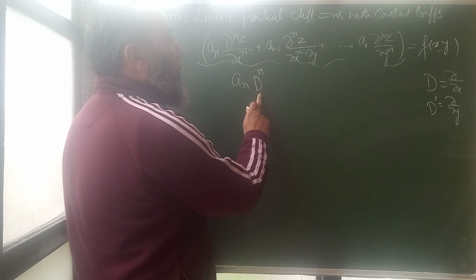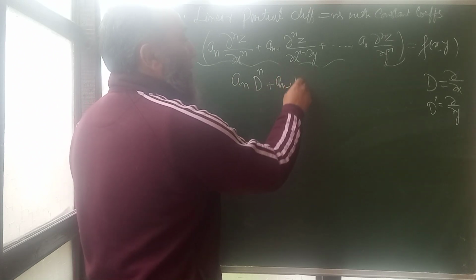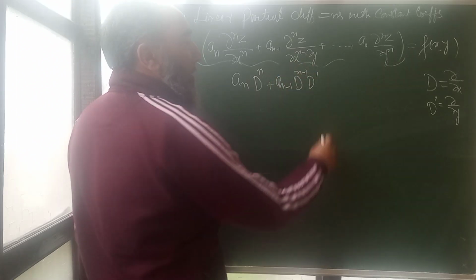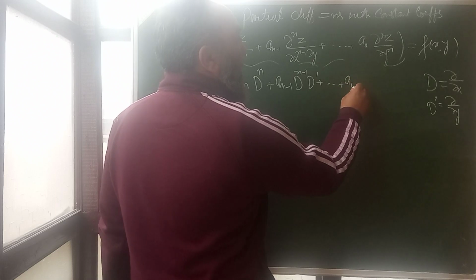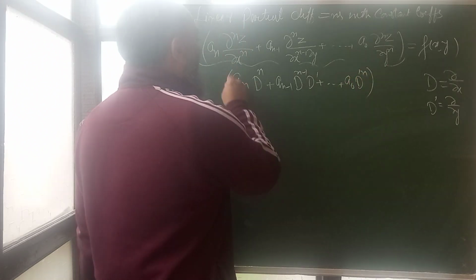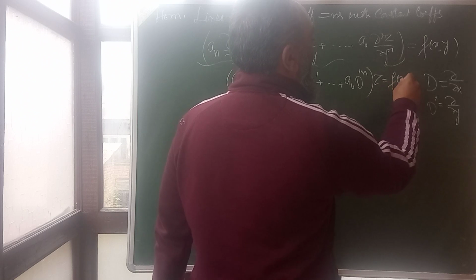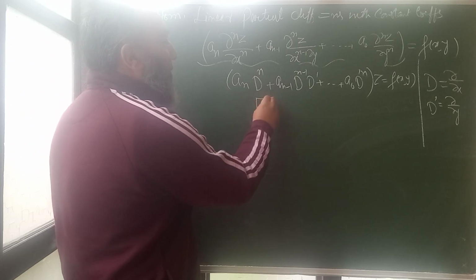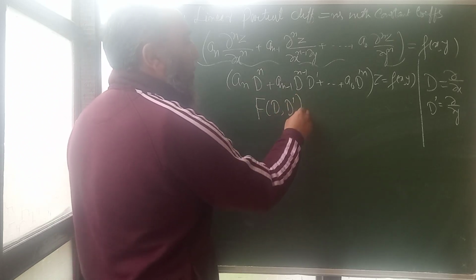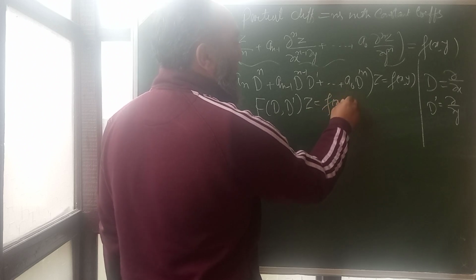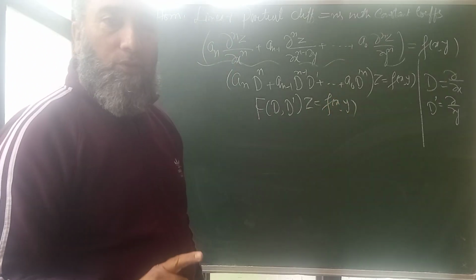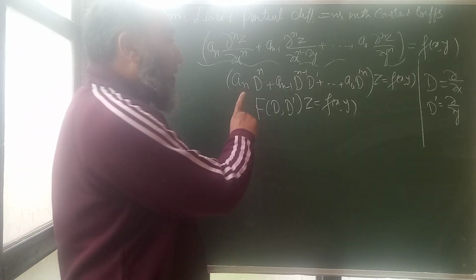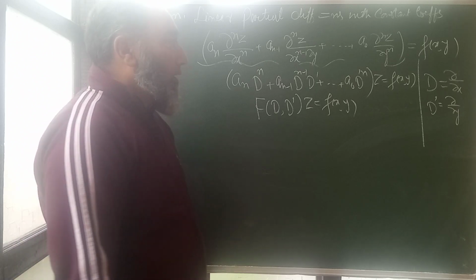So this is a_n D^n, this is a_{n-1} D^{n-1} D dash, and so on, a_0 D dash raised to power n, operating on z equals a function of x and y, or symbolically we denote it as f(D, D dash) operating on z equals a function of x and y. This is a homogeneous partial differential equation with constant coefficients.